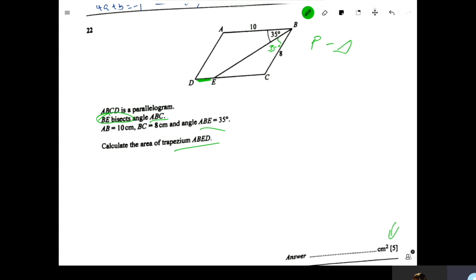Okay, let's take a look. Let's try to find the area of the parallelogram first.